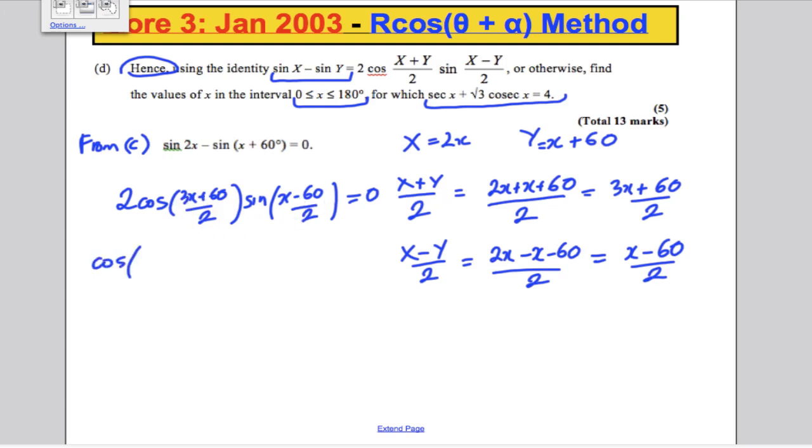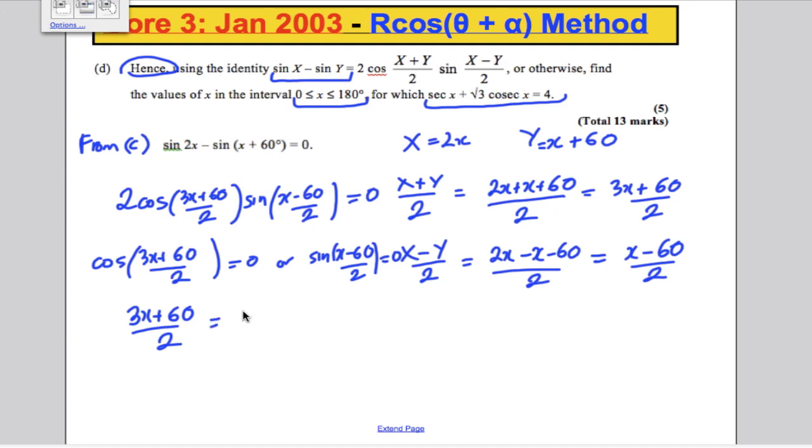So either cos 3x plus 60 over 2 equals 0, or sine x subtract 60 over 2 is 0. Therefore 3x plus 60 over 2 is equal to, as a principal value in degrees, 90 degrees, or x subtract 60 over 2 must equal 0 degrees.